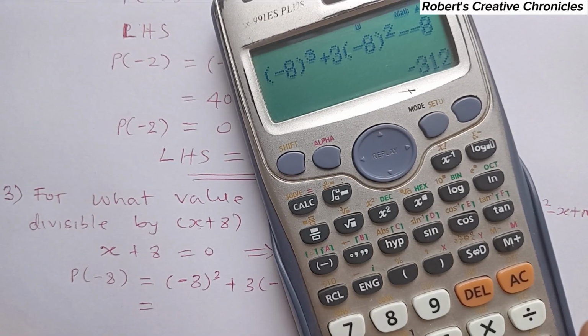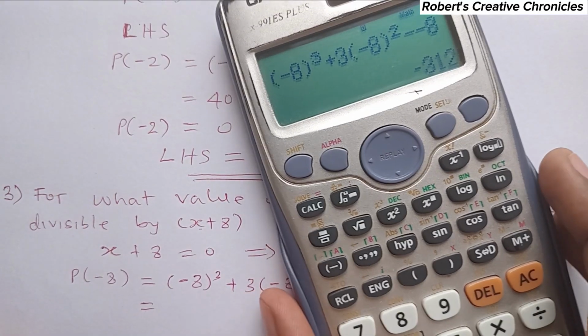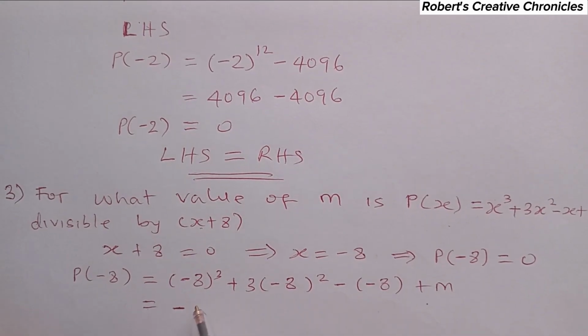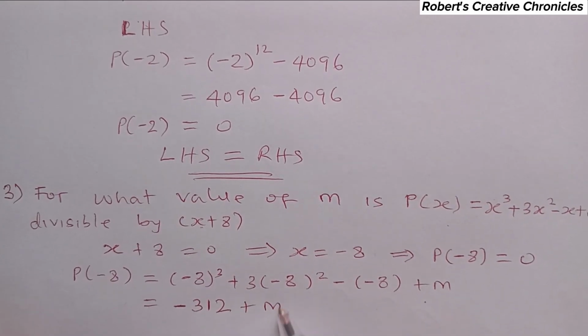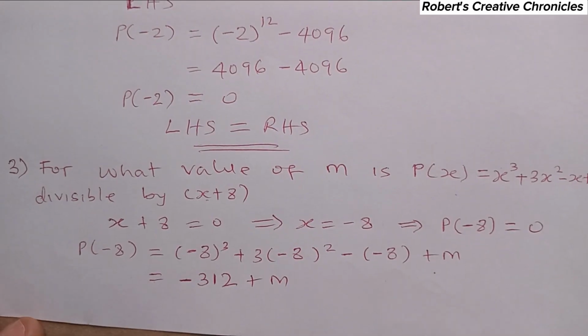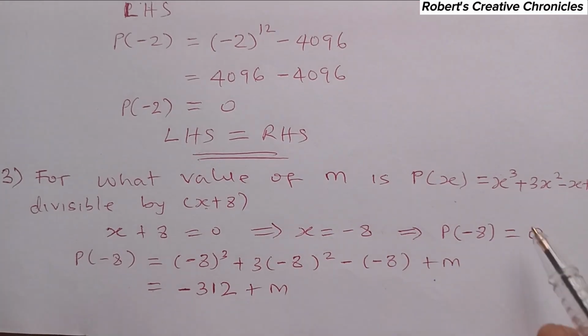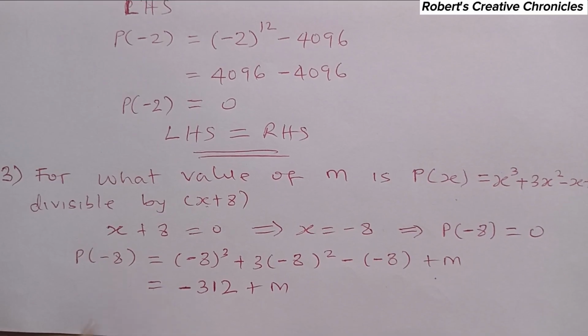So it's negative 312. So this is negative 312 plus m. And you know that this is equal to 0. So now here will be 0.